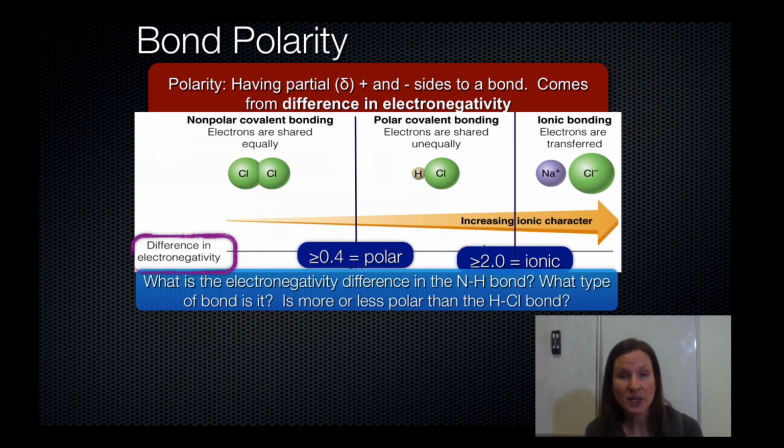And then you can compare and contrast them. The bigger the electronegativity difference, the more polar it is. So again, polar is just an unequal distribution of electrons that leads to partial charge, and charge is what makes the world go round, which is why it's so important. And we can figure out whether it's nonpolar or polar or even ionic based on the electronegativity difference. That's it. Have a nice night.